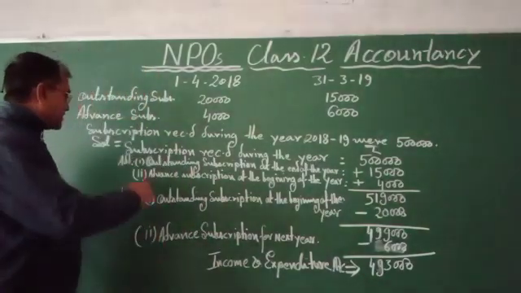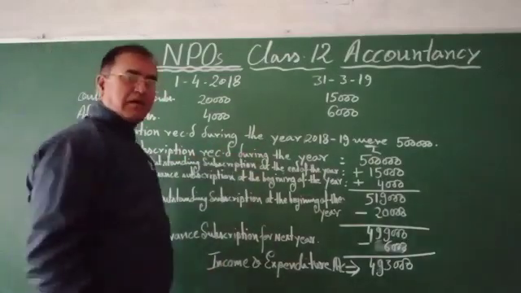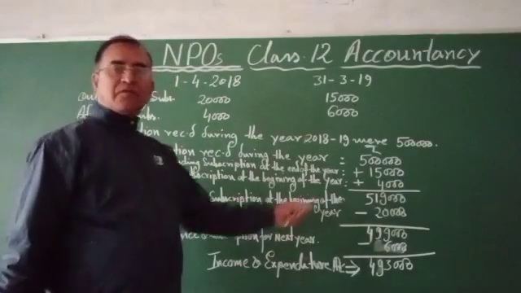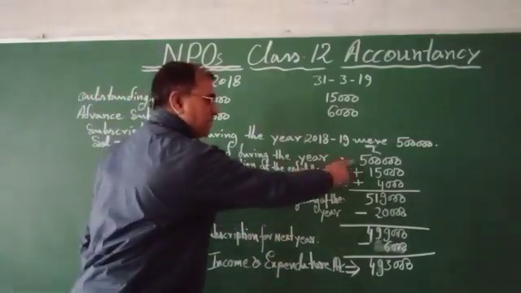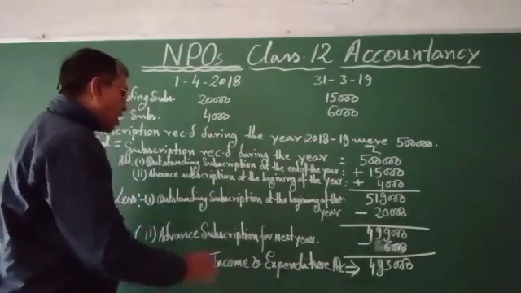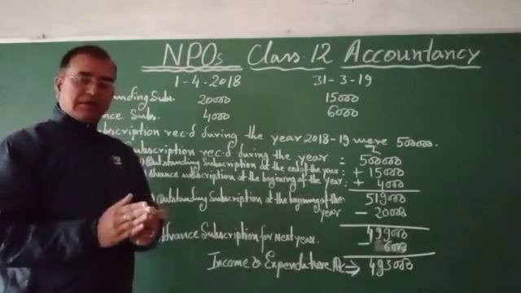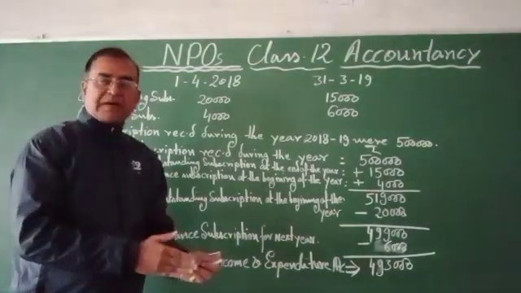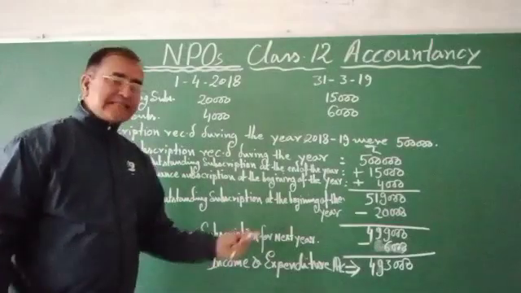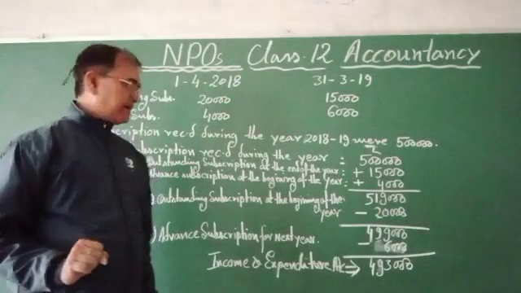Subscription received during the year is 5 lakhs. First we write 5 lakhs. Then, the outstanding subscription at the end of the year is added because this subscription relates to the particular accounting period.